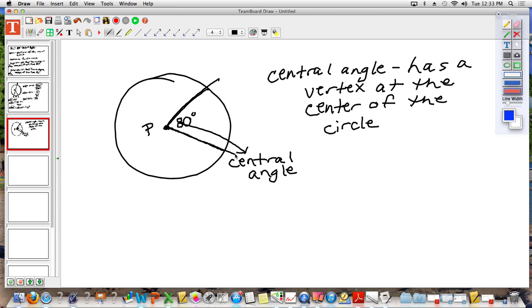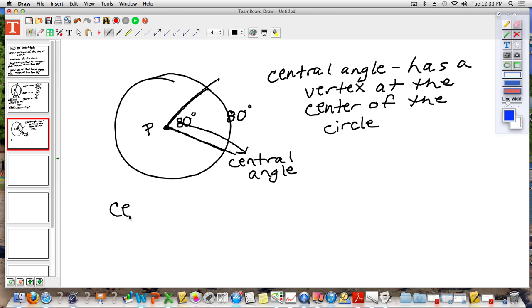This arc has exactly the same measure as its central angle. You need to commit that to memory, because that's going to show up over and over again as we work through this unit. If the central angle is 80 degrees, the arc is 80 degrees. If you knew that this was 80, you could then assume that that central angle was also 80 degrees.